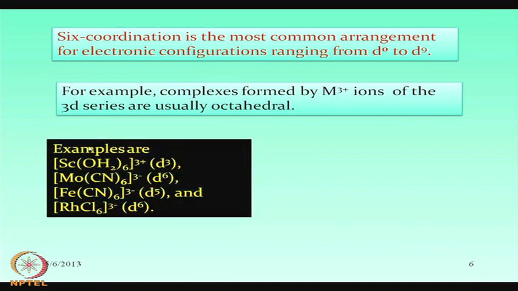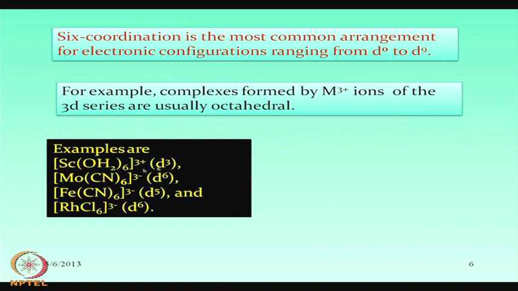Some more examples are there apart from iron or cobalt, and these fall within the range of d0 to d9, but they are d3, d6, d5 and again d6.